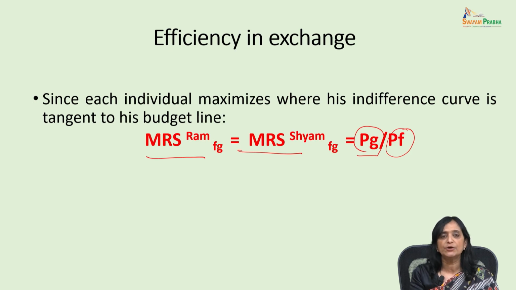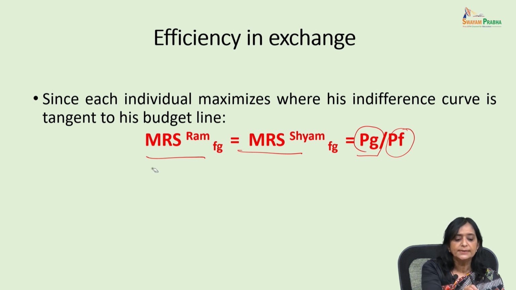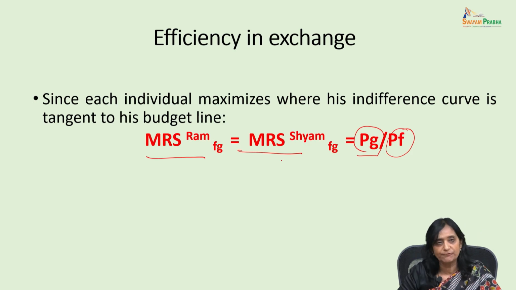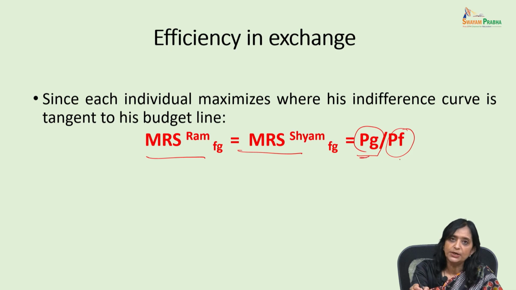So here, because we are talking about more than one consumer, we say that the marginal rate of substitution for Ram should be equal to the marginal rate of substitution for Shyam, and then it should be equal to the price of garbage divided by the price of food. So that is the efficiency of exchange.